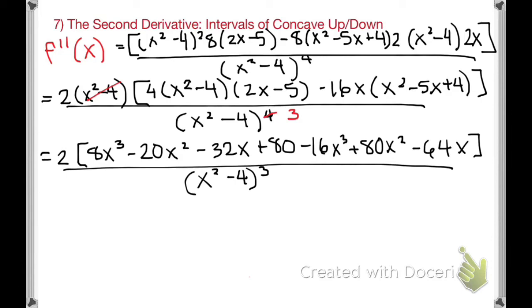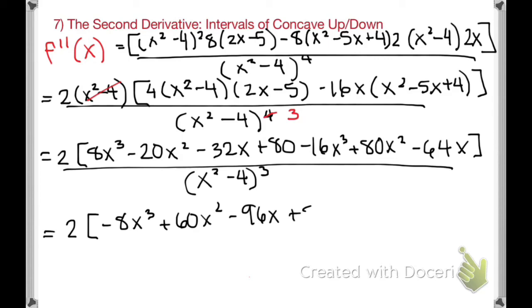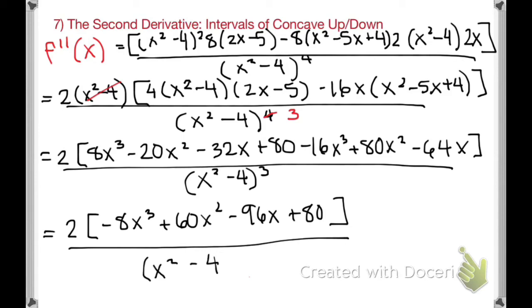Simplifying that down some more, we're going to get 2 times negative 8x cubed plus 60x squared minus 96x plus 80, all over our denominator of x squared minus 4 to the 3rd power.